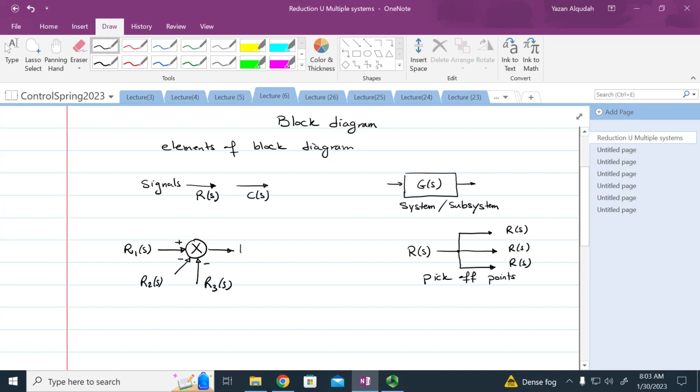So in this case, we're going to have R1 of S minus R2 of S minus R3 of S. Keep in mind, the symbol here is an X, but in reality, it's just an adder or subtractor. And this is the output of this adder.